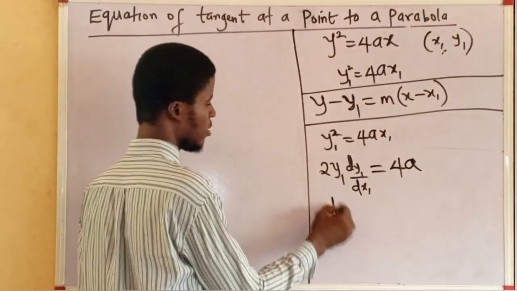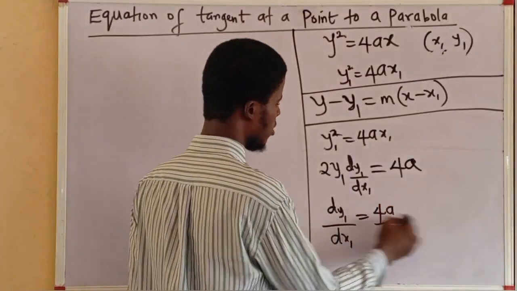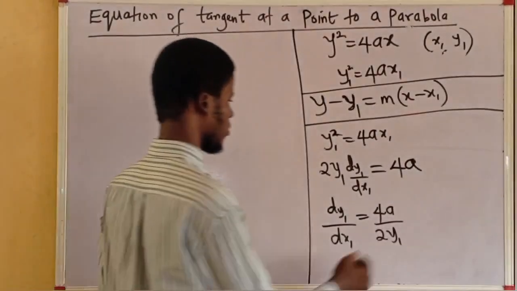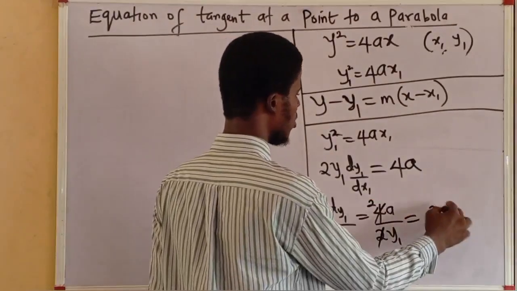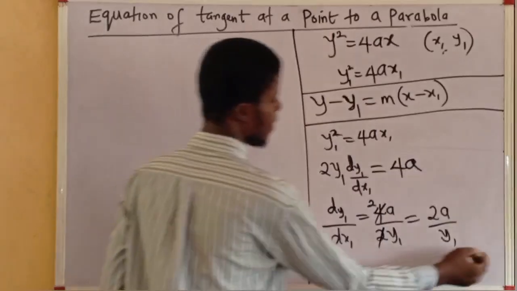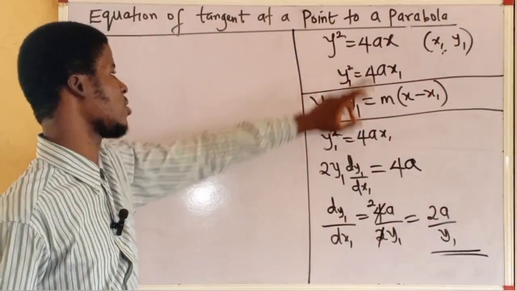So from here, dy1/dx1 is equal to 4a all over 2y1. So 2 cancels 4, that's 2. We are having 2a all over y1. That is the gradient of the parabola.